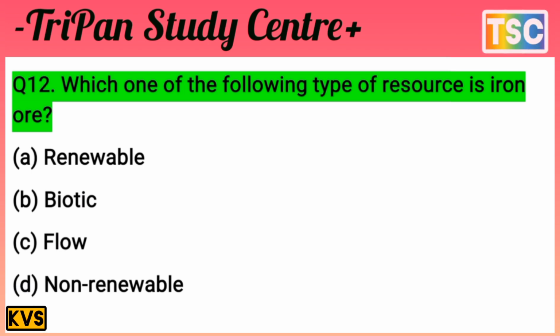C, flow, is already rejected. The answer is D, non-renewable. Iron ore is a non-renewable resource. That's the most important answer here.